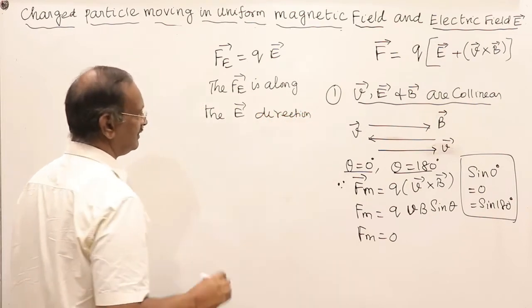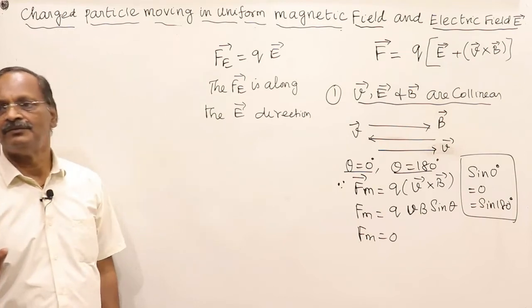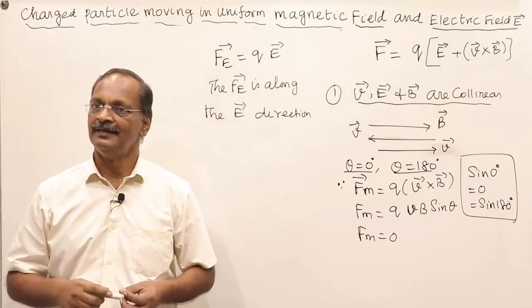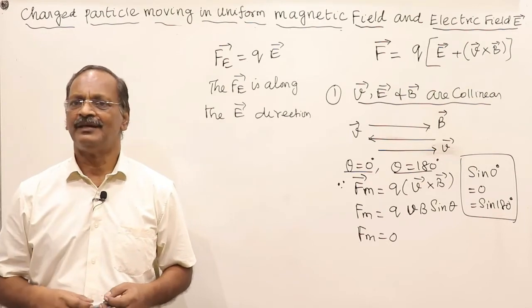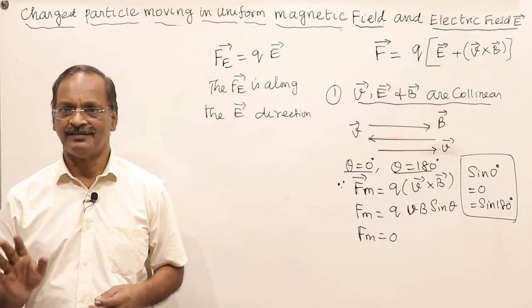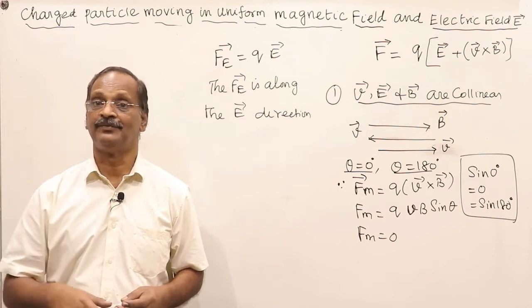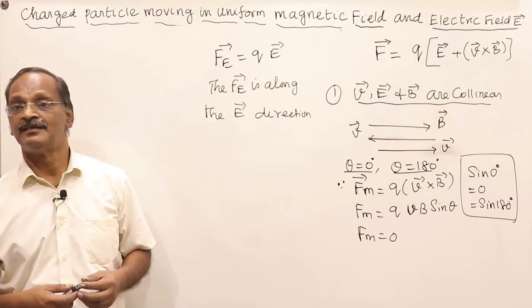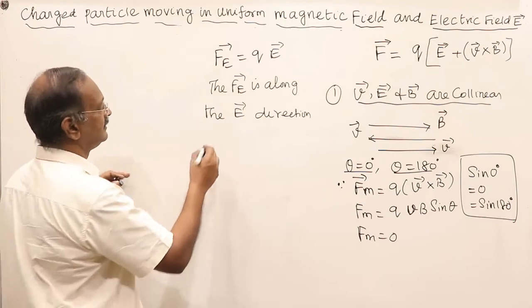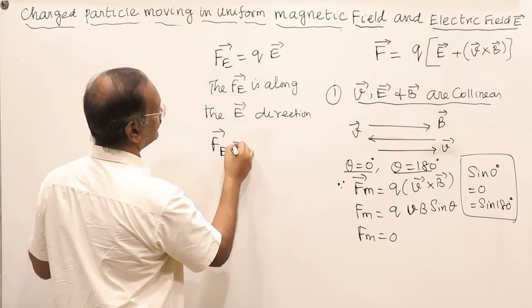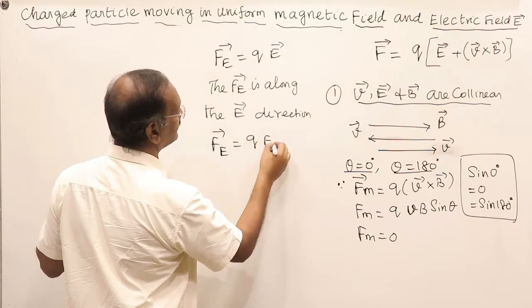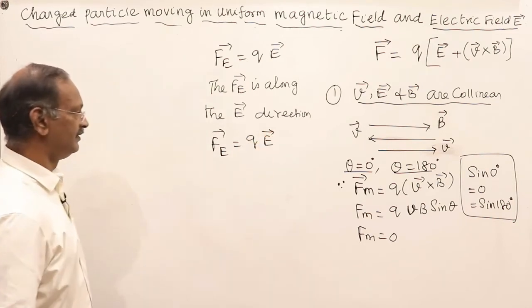So the force due to the magnetic field is zero on the charged particle, and there will be an electric force, that is the force due to the electric field equal to Q into E.